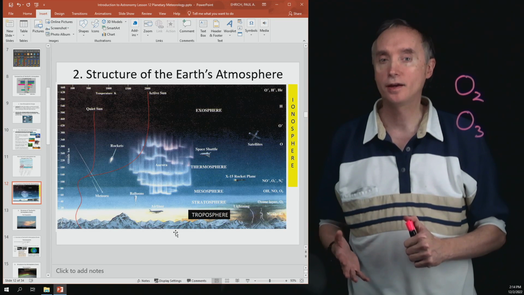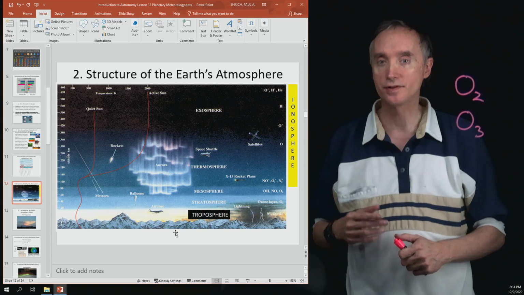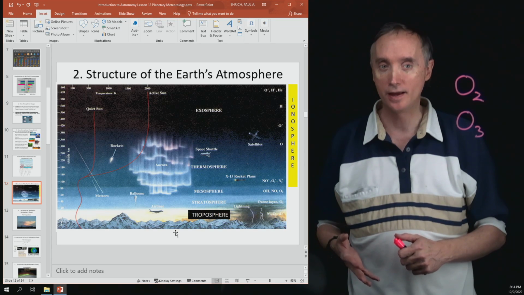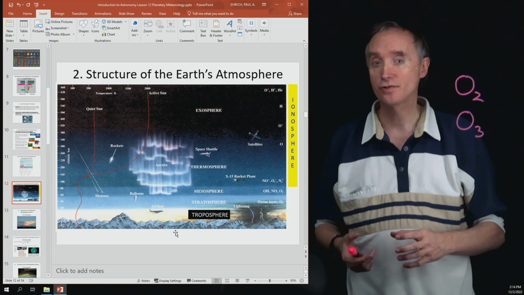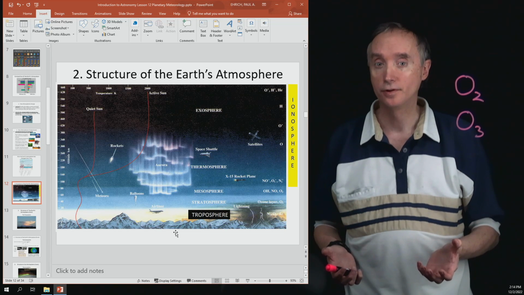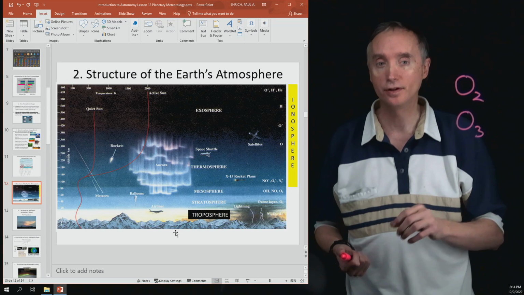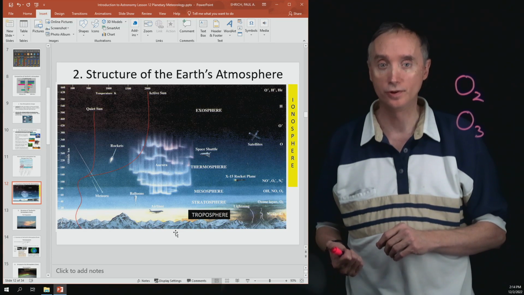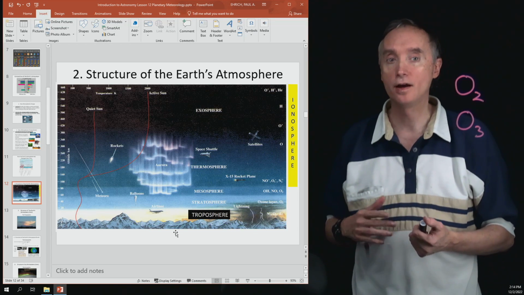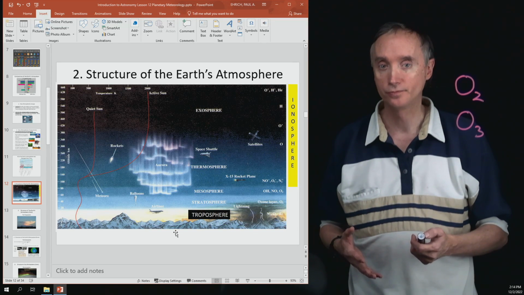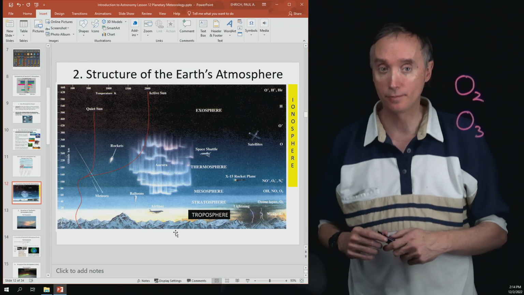So what do you think is going on in the ionosphere? Well, the key word is ion. In an ion, you have an atom where the electrons get knocked off, and then you have ionized it. You have an electrically charged atom when that happens. So what happens up there is you have a lot of oxygen and nitrogen, not a whole lot of it, but those are the elements that are up there.